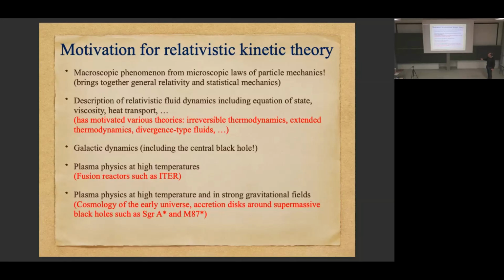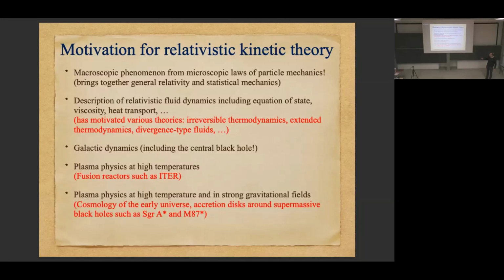Then, as we heard yesterday, most of the study of galactic dynamics is also based on kinetic theory. If you want to model a galaxy as a whole, usually the Newtonian description is sufficient, but we now know that in the center of most galaxies there's a supermassive black hole, and at least in the vicinity of this black hole the relativistic effects will be important.